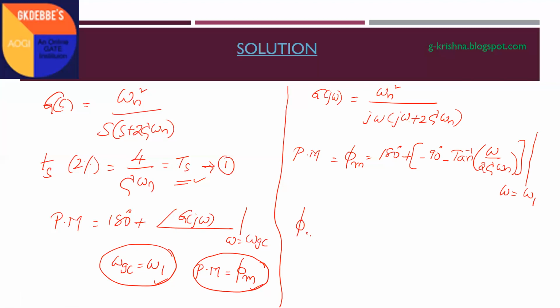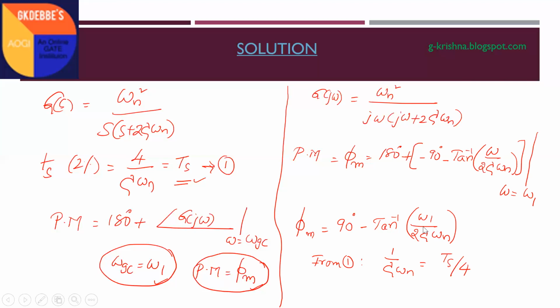Hence phi m is equal to 180 minus 90 degrees, which is 90 degrees, minus tan inverse of omega 1 by 2 zeta omega n. If you substitute from the first equation, 1 by zeta omega n is Ts by 4.